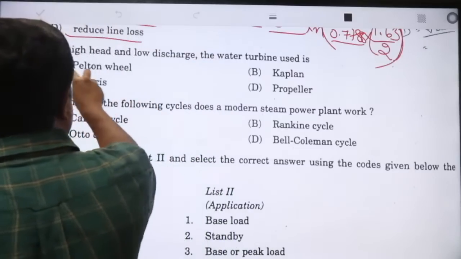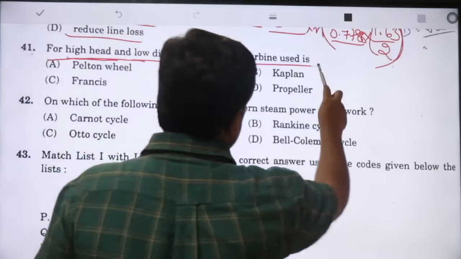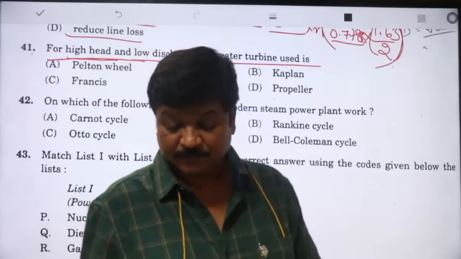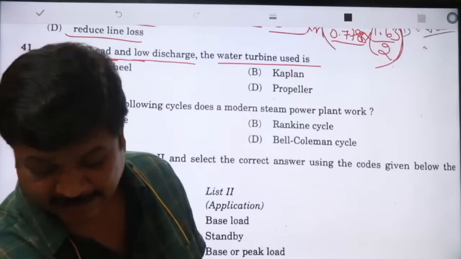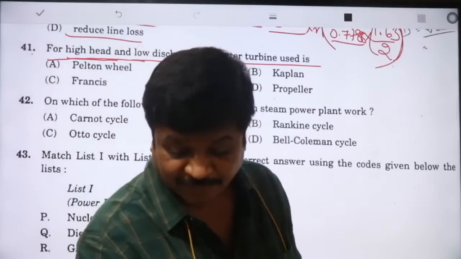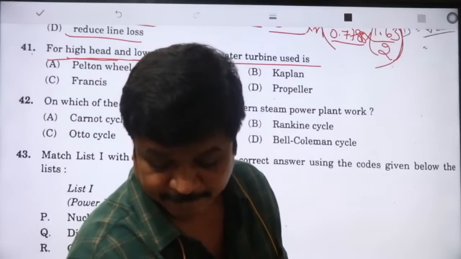In a high head, low discharge situation, the water turbine is... I am not getting answers from you. Nobody is answering. What is the answer for this? Silly questions you have to answer, very, very simple questions these are.